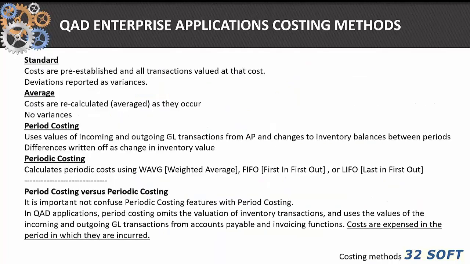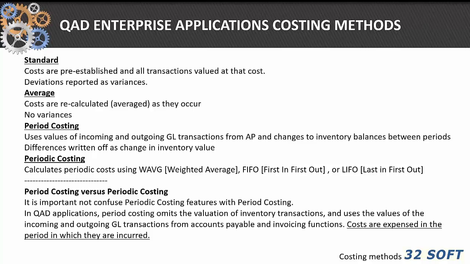So we looked at standard, average. There's period costing, which uses the values of incoming and outgoing GL transactions from AP and changes to inventory balances. So the differences are written off as change to inventory value.